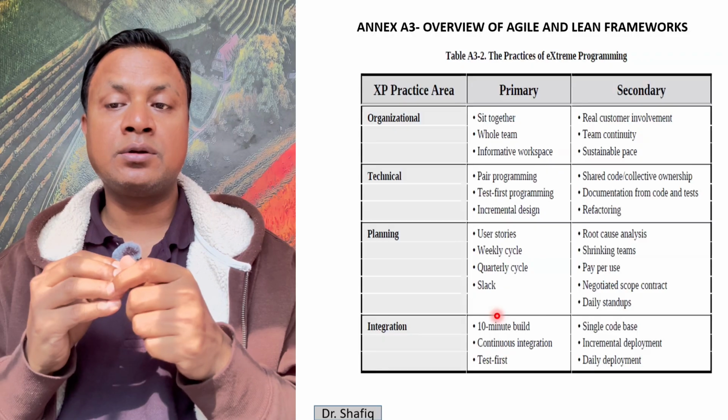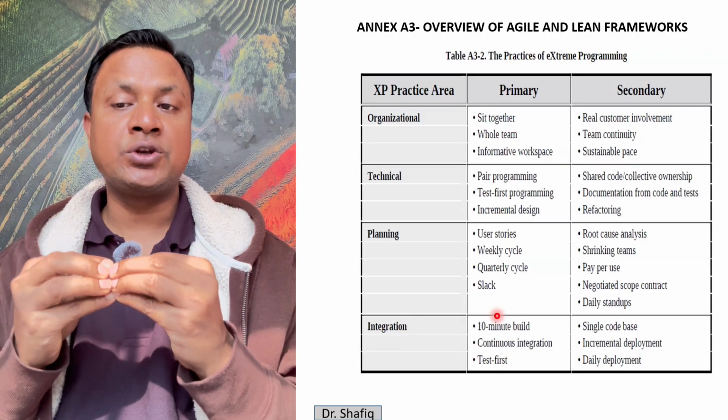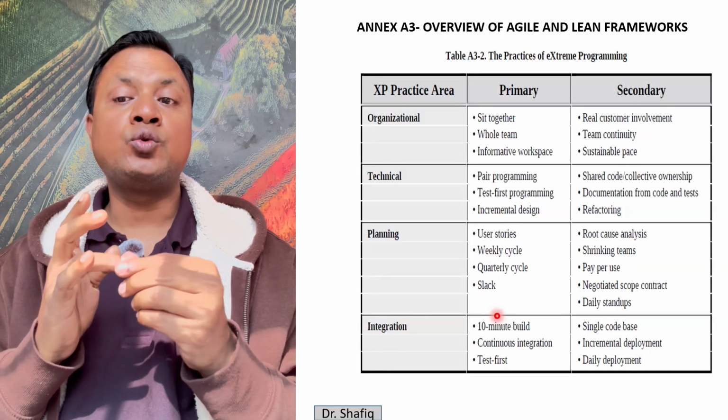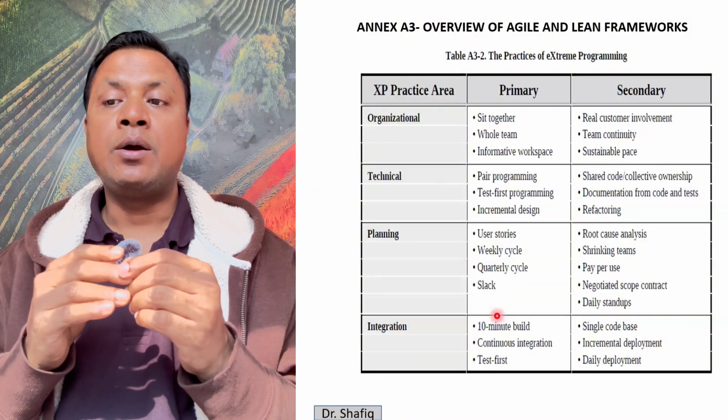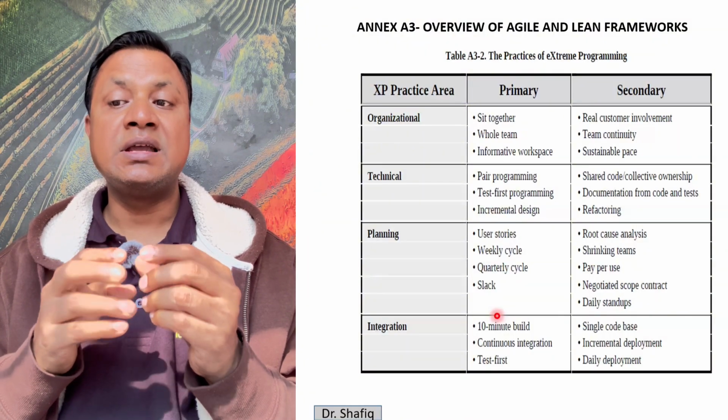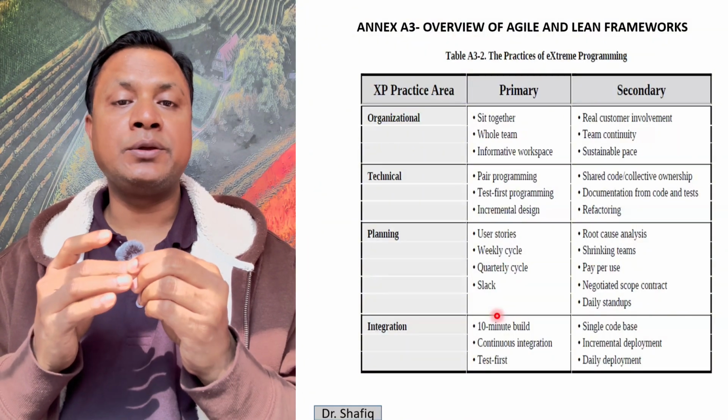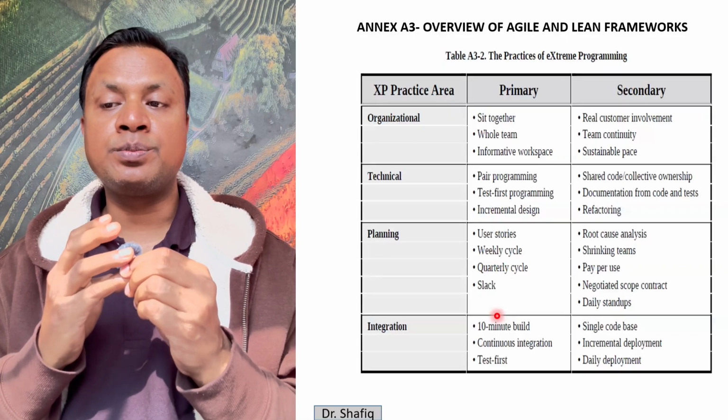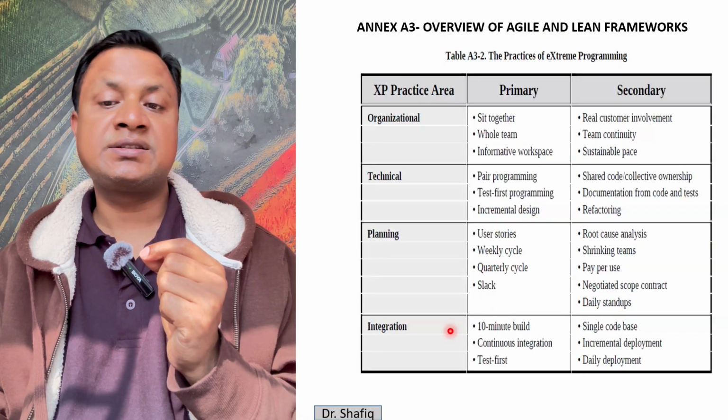In the planning sector, they can use user stories, weekly cycle, quarterly cycle, and slack, and they can find root cause analysis, shrinking teams, pay per use, negotiated scope contract, and daily stand up.